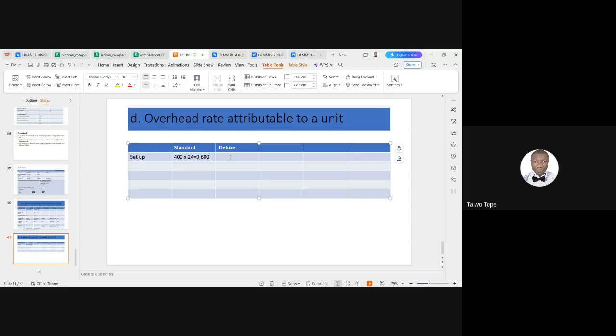Now, for the loss, it will be what? 400 multiplied by what?